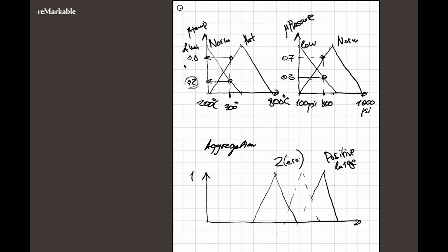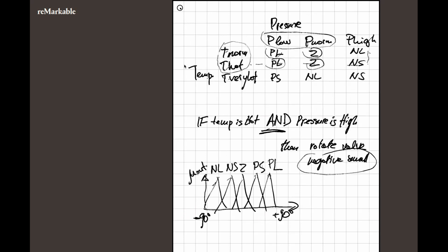So here it will be like 0.2, 0.8. So one rule says that, okay, you should look here. So for normal, you need to activate, for normal, you do 0 activation.